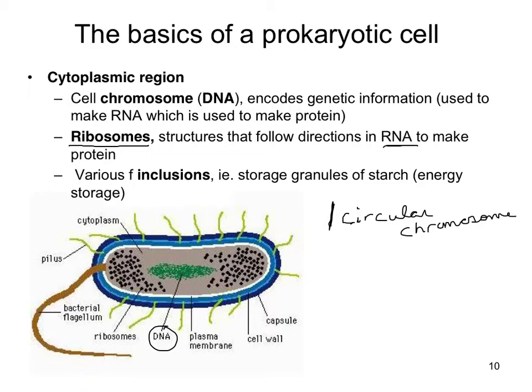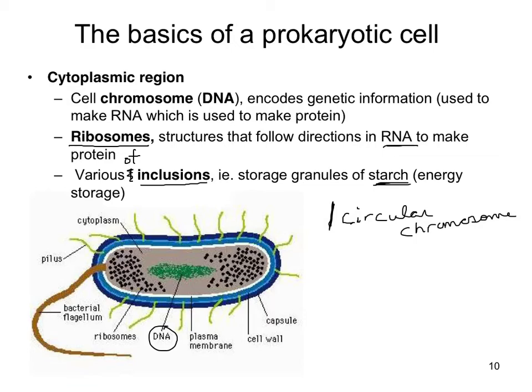There are also a variety of what we call inclusions, for example, different storage granules. One thing that many microbes store up is starch. Starch is a complex carbohydrate and it's a really good energy source.